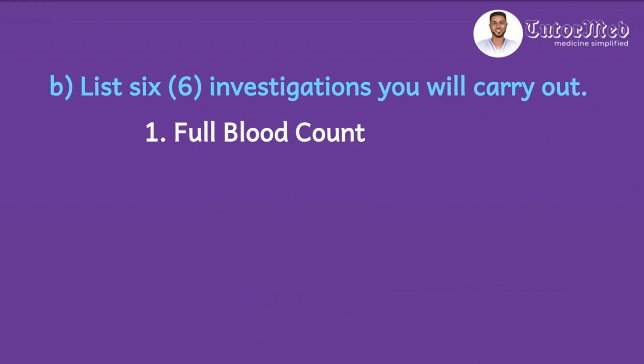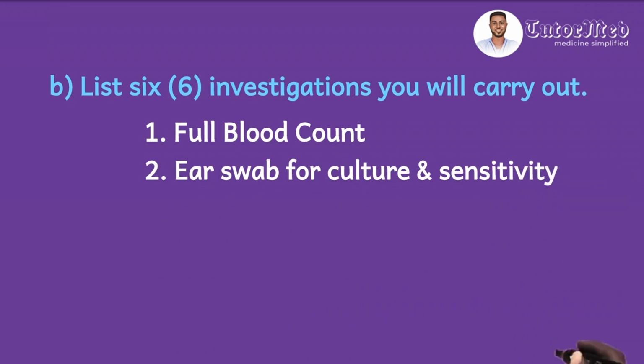And then you don't routinely do an ear swab for culture and sensitivity, because the teaching is that you treat the otitis media with sensitive antibiotics like augmentin for 10 days, and if there is no improvement, then you can take an ear swab for culture and sensitivity. So the second investigation is an ear swab for culture and sensitivity, and this is all there is to do for acute otitis media, really.